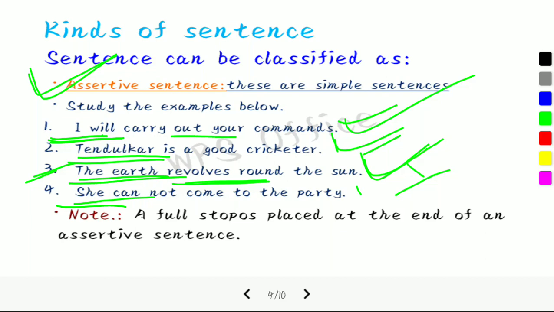Carry out is a verb. Good cricketer means it's a quality. She cannot come is a verb. And always a full stop is placed at the end of the sentence. Right? This is the assertive sentence.